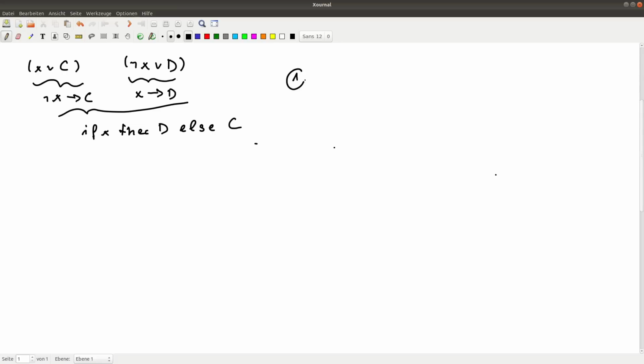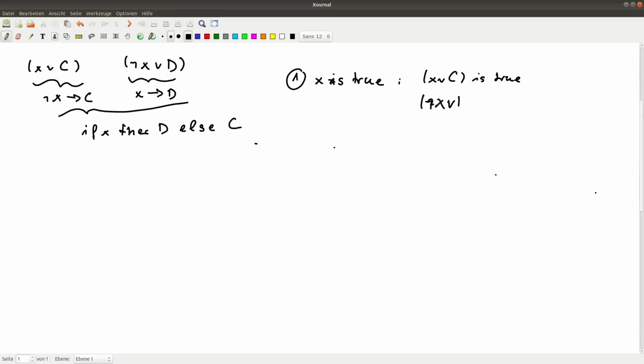If x is true, so if we have an assignment where x is true, then we can immediately see that x or c is true, and we need some assignment for the other variables.